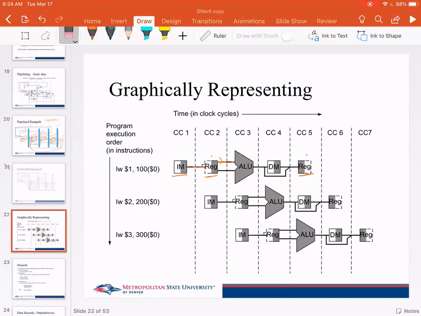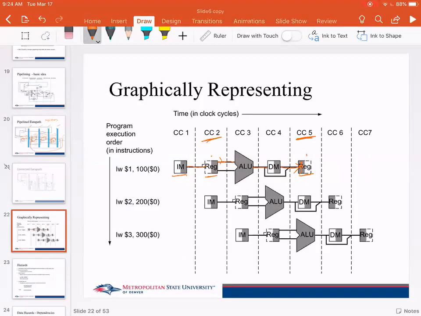The ALU calculates the result and uses it as an address to the data memory. After we get the data from data memory, we send it back to the register file. The last step, CC5, where CC means clock cycle, means I need to put a piece of data into the register file.